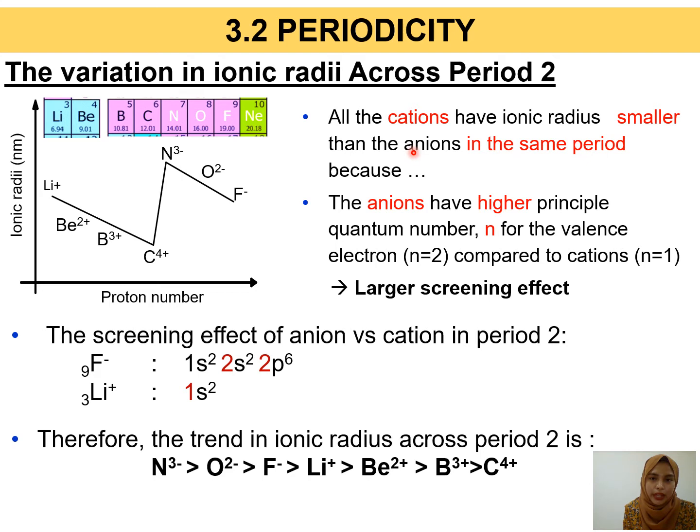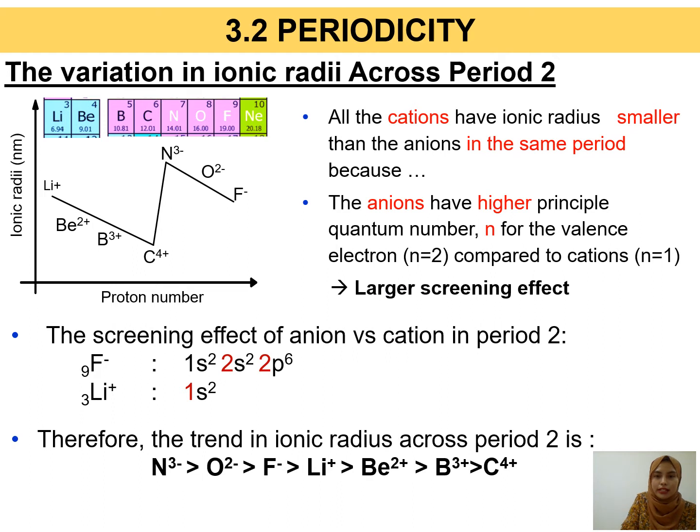We all know that cations have smaller ionic radii compared to anions within the same period. Even though they are in the same period, the size of cations will always be smaller than anions. Why is the anion bigger? Because anions have a larger screening effect.